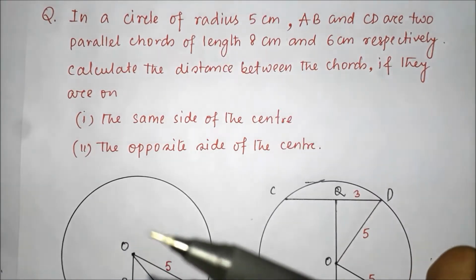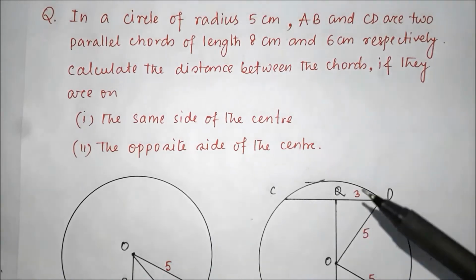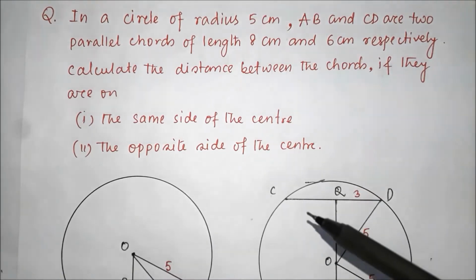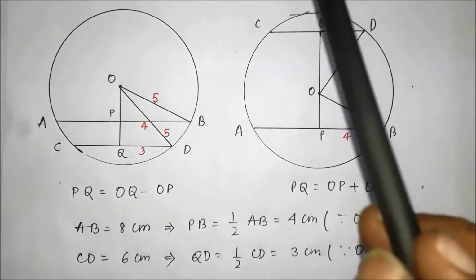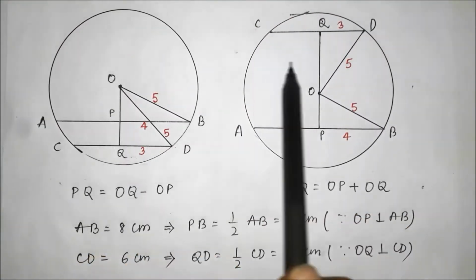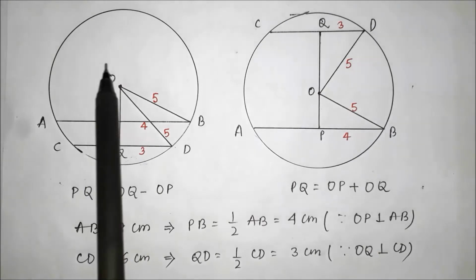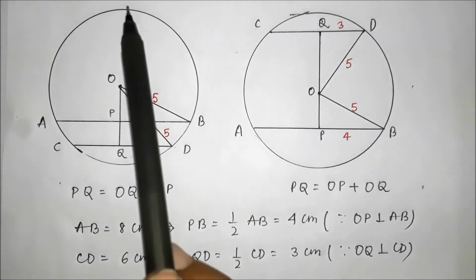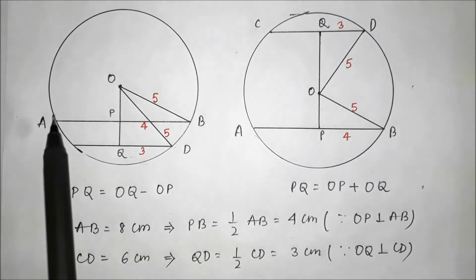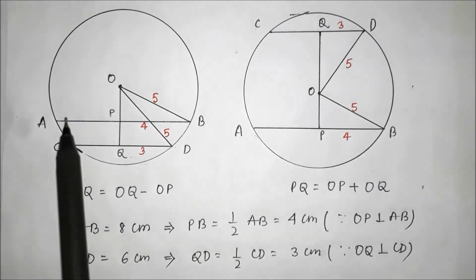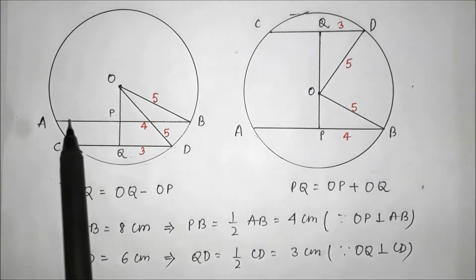Now first I draw the diagram, I'll explain the diagram to you and we proceed to solve the problem. Now see, corresponding to two subparts, I am drawing two diagrams. Now there is a circle. In the first case, it is given that the two chords lie on the same side of the center.